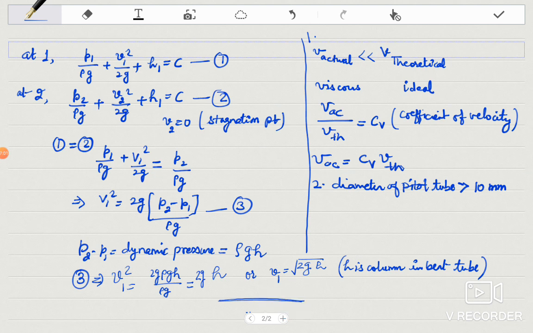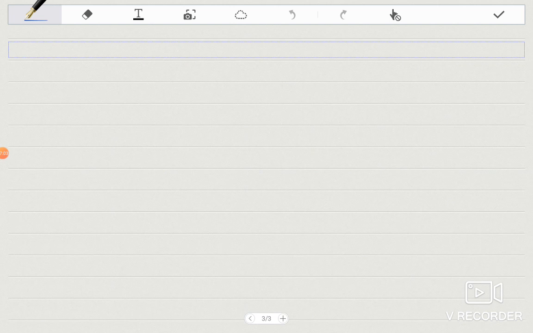In such cases, we have another type of Pitot tube to measure velocity at a point in a conduit, an oblique pipe.